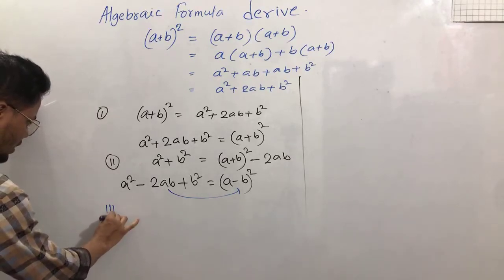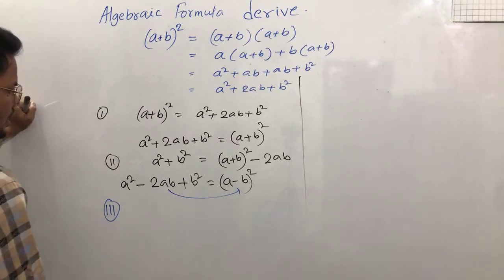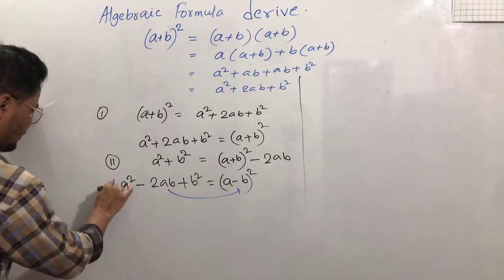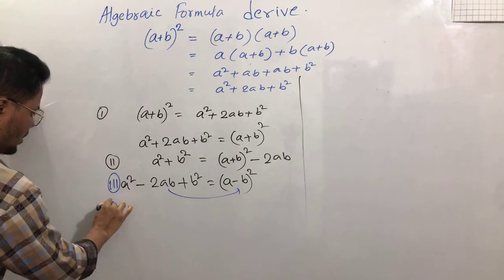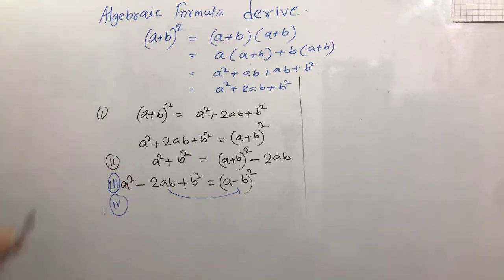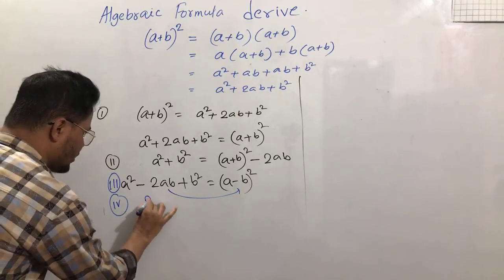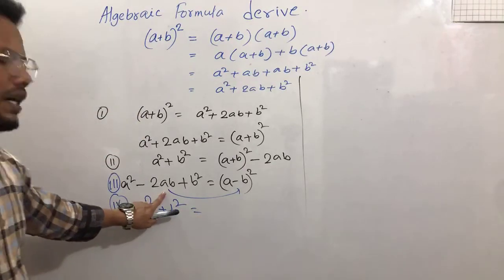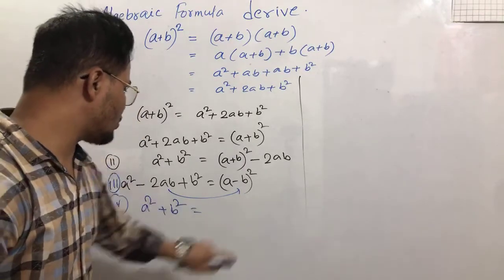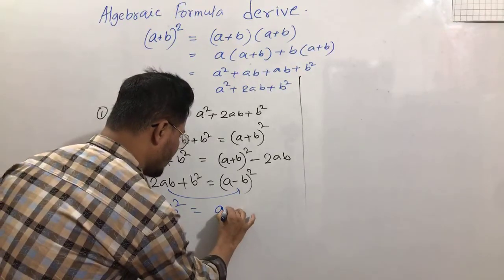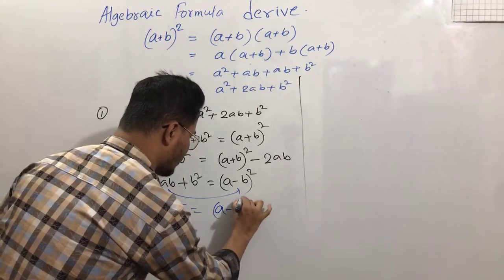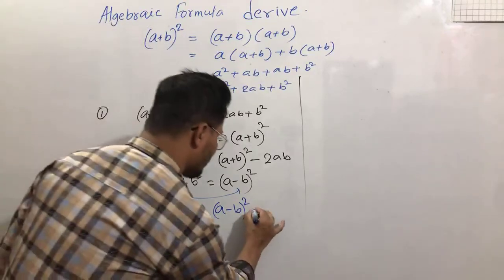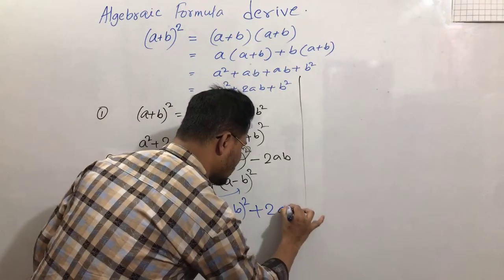The new one is the number 3. Now we can write number 4: a square plus b square. Now shift minus twice ab from the left side to the right side. The right side already has a minus b whole square, and on the left side it is minus twice ab, so on the right side this will be plus twice ab.